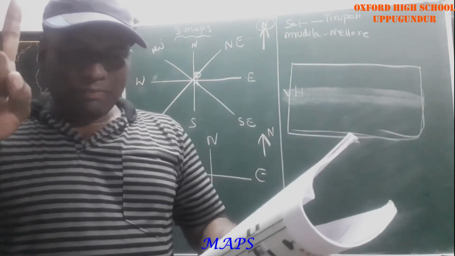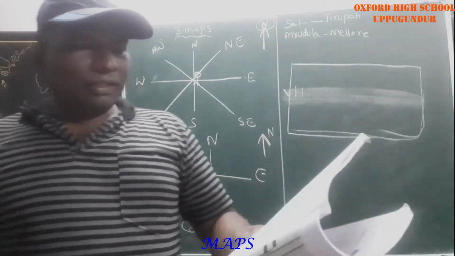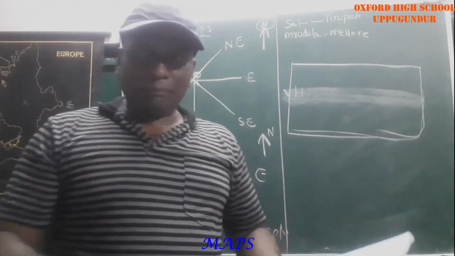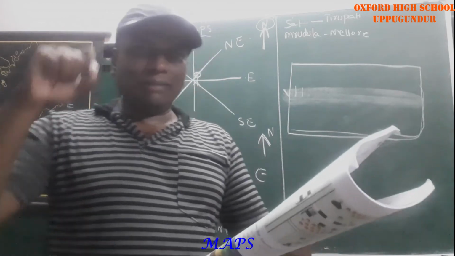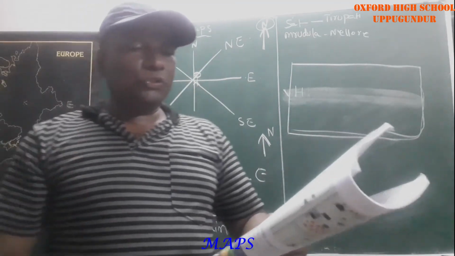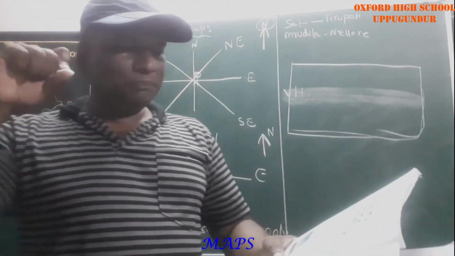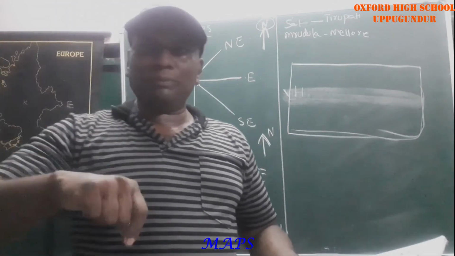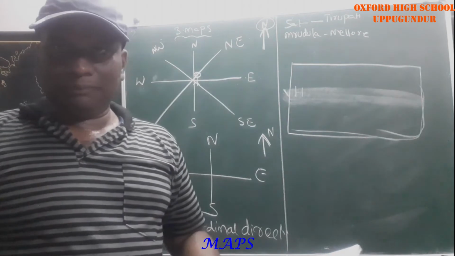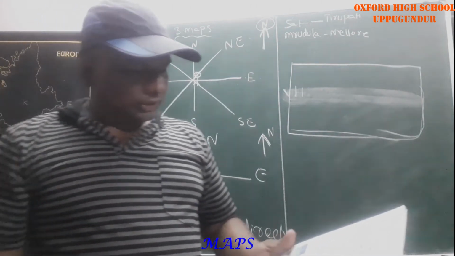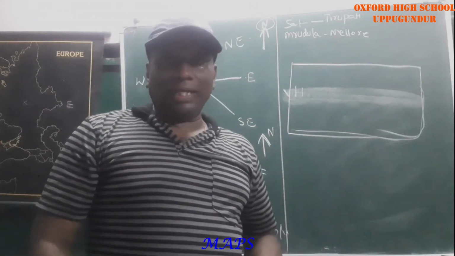So I am stressing one point here: colors are used in physical maps. Patterns and colors are used in different geometric maps for different intensities, for different reasons. Okay? So this is about colors and patterns.